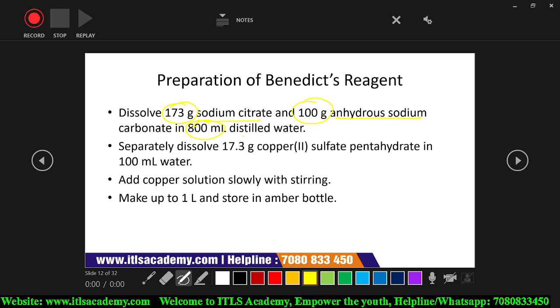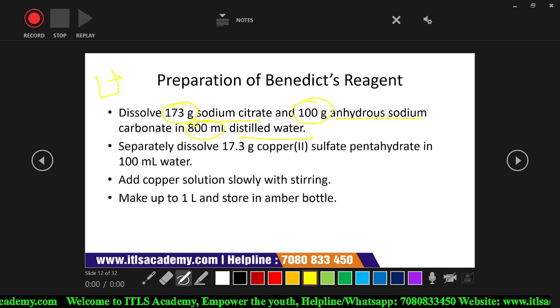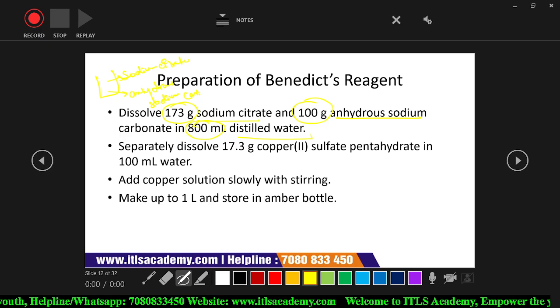In 1 beaker, we have to dissolve sodium citrate and anhydrous sodium carbonate, that is 173 gram and 100 gram, and we add 800 ml of distilled water to it.